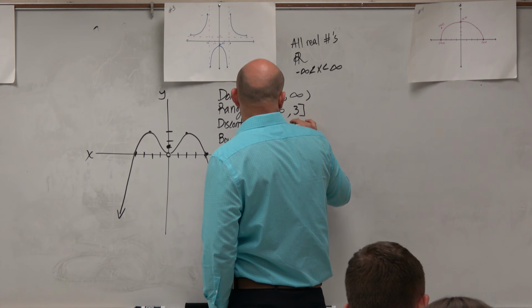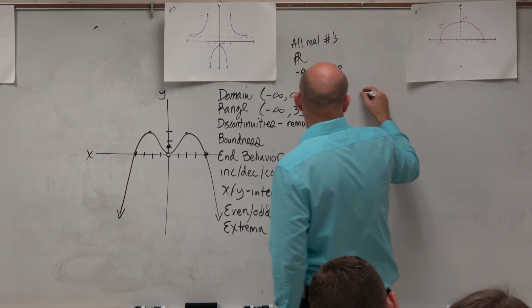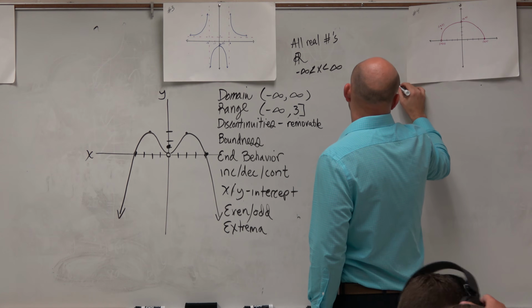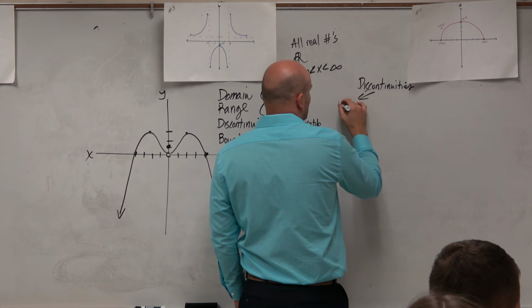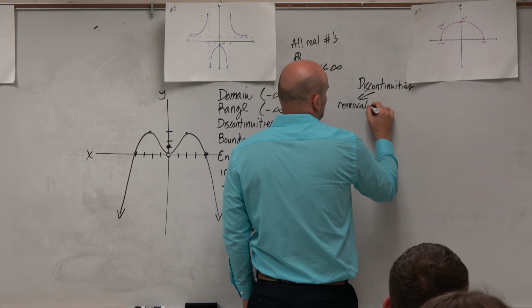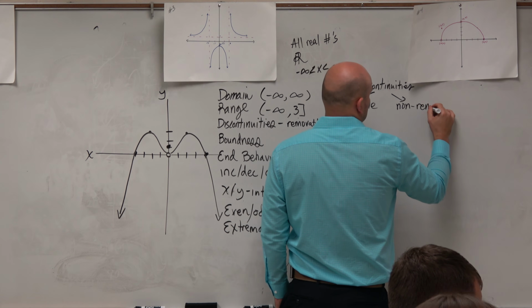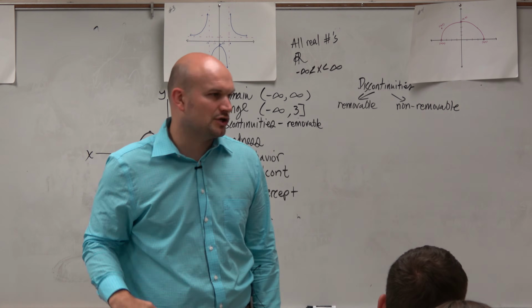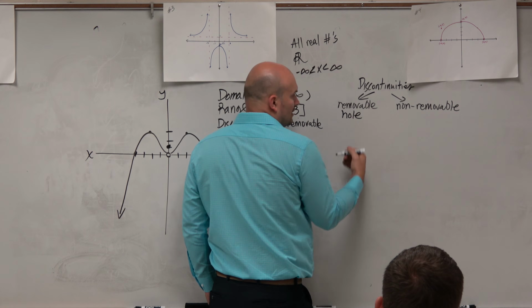Now, a hole is what we call a removable discontinuity. When you're looking at discontinuities, you have removable and non-removable. Like I said, guys, this is in your notes, but I think it's a good thing for you to remember. Removable is like a hole.